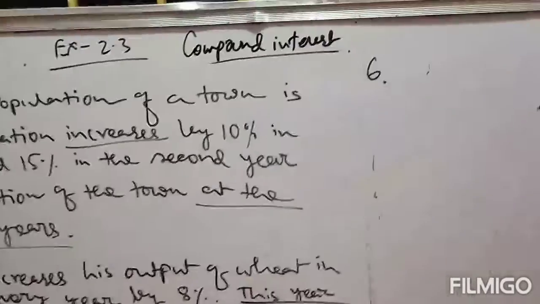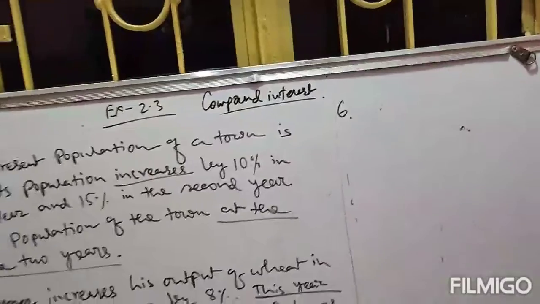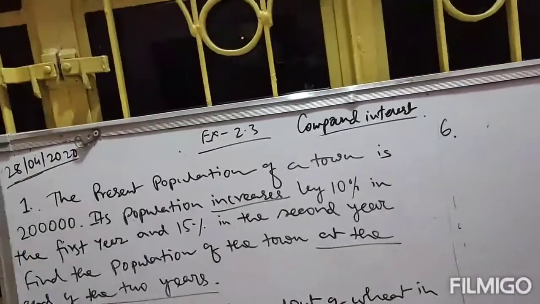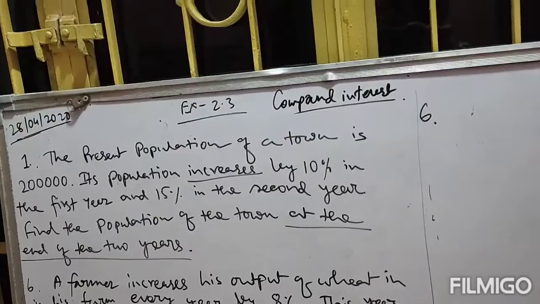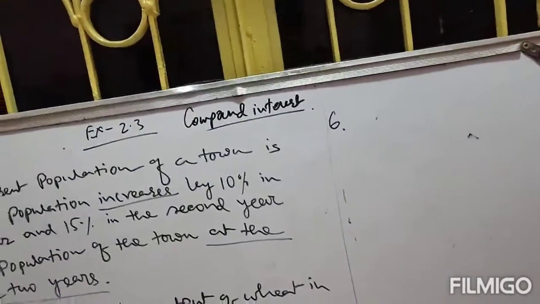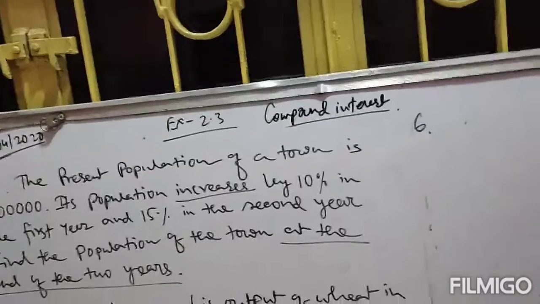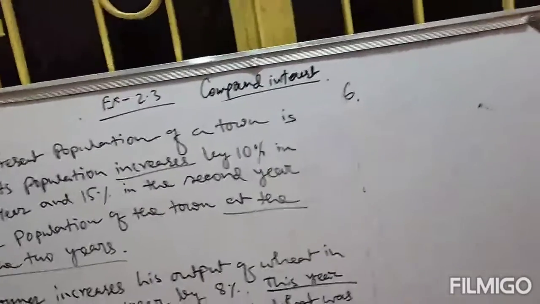Listen carefully. In case of growth and depreciation, both formulas are different. In case of growth, the sign will be plus, and in case of depreciation, the sign will be minus. But in case of growth, for the after and ago formulas, V and V naught will be changed.